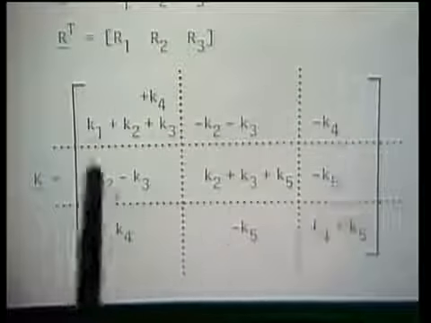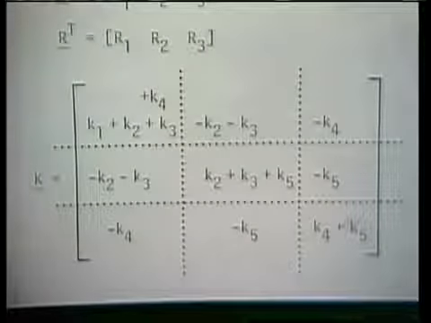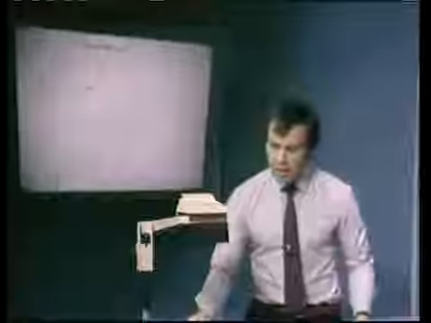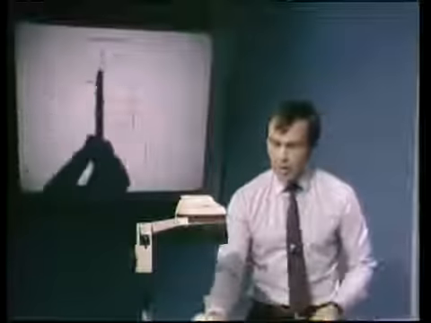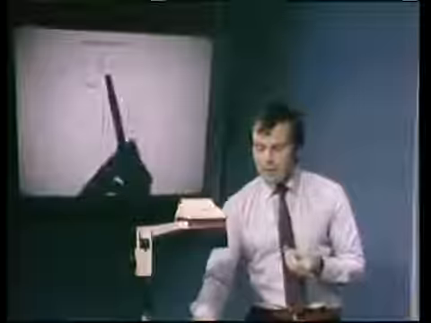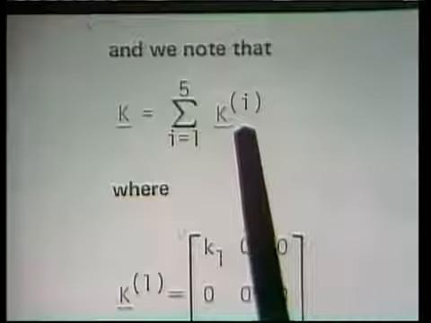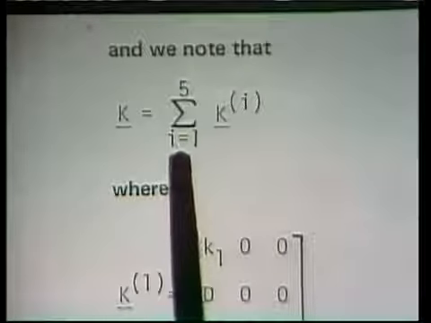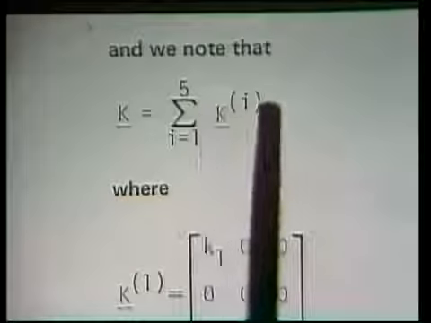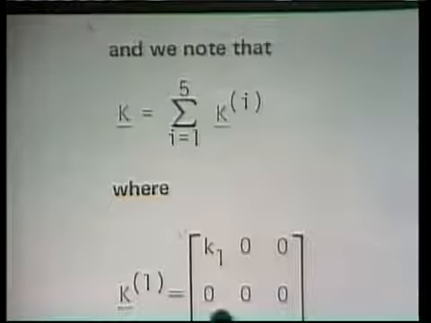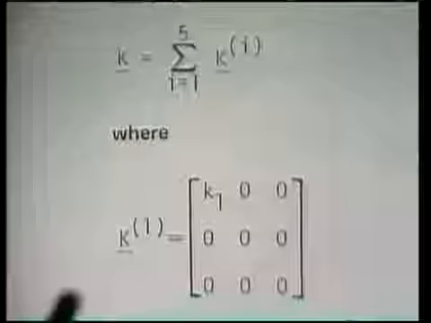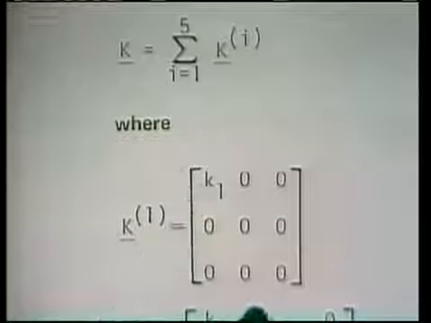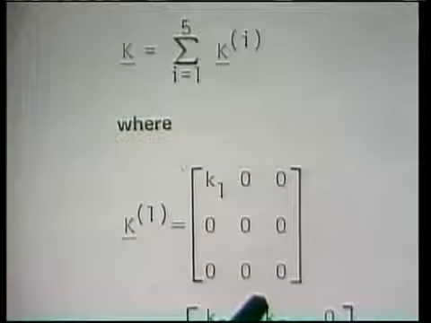Now, let us look a little closer at how we construct this K matrix. We note that the total K matrix can be constructed by summing over the individual element matrices from 1 to 5. These individual element matrices are, for two springs, written down here. K1 is a 3 by 3 matrix now, not a 1 by 1 or 2 by 2.